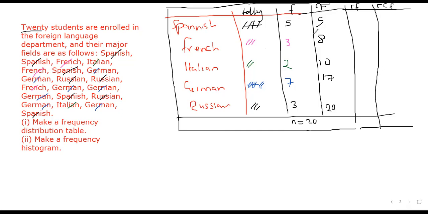All right. So simply dividing this answer in there. So 5 divided by 20, what do we get? 0.25. 8 divided by 20, 0.15. 2 divided by 20, 0.10. 7 divided by 20, 0.35. 3 divided by 20, 0.15.